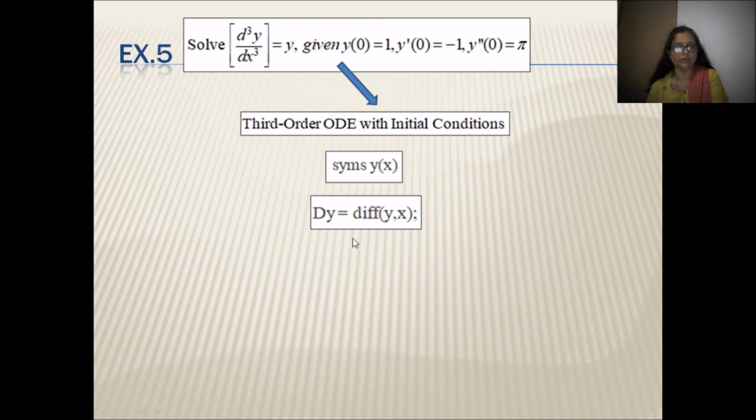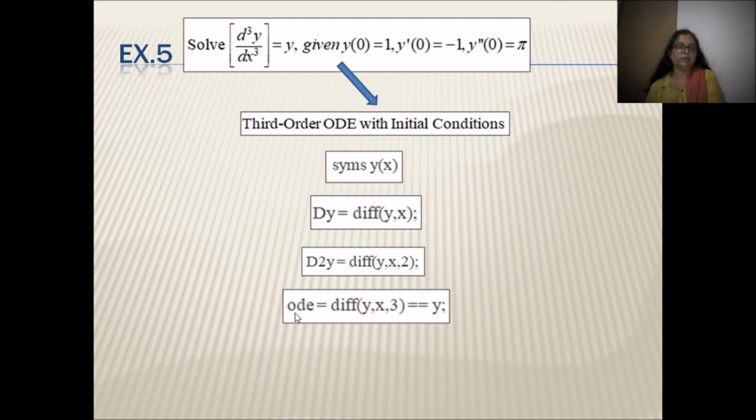Therefore, we have to define dy term: dy equal to diff of y comma x, that means dy by dx term. Then third condition with respect to y double dash, therefore d2y equal to diff of y comma x comma 2, that means second derivative of y with respect to x.